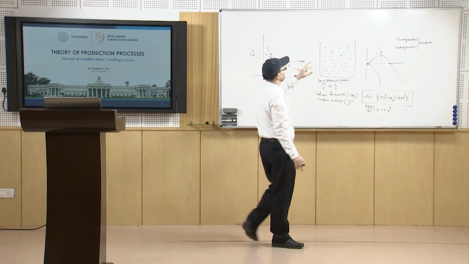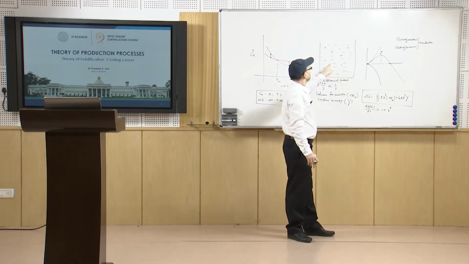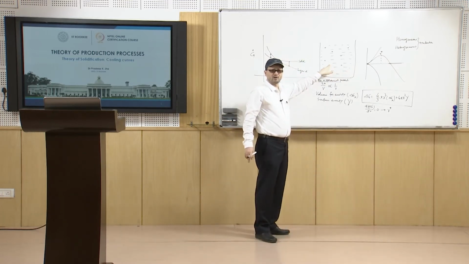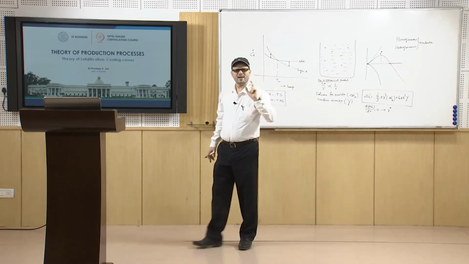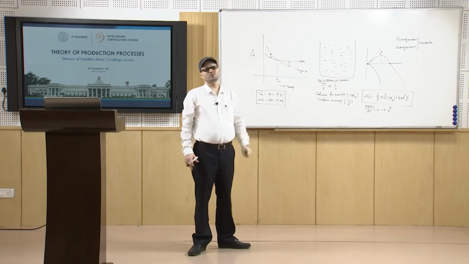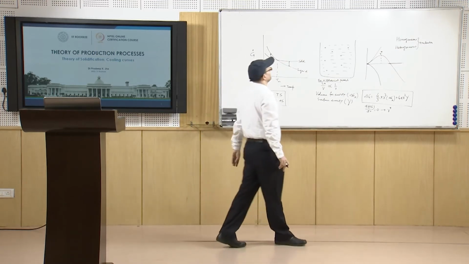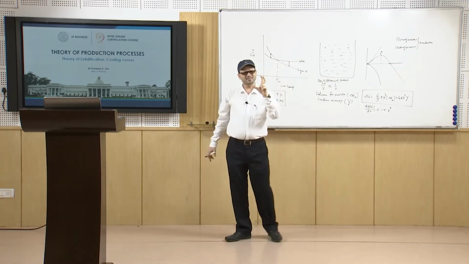In homogeneous nucleation, the probability of nucleation at any point in the domain will be the same, whereas in heterogeneous nucleation, the probability at preferred sites will be more.